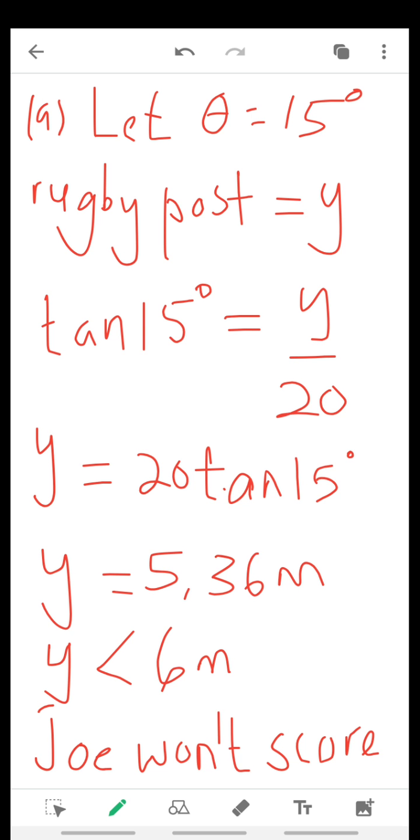Now, tan 15 degrees is equal to what? y all over 20. When I made y the subject, I found that y was equal to 5,36 meters.